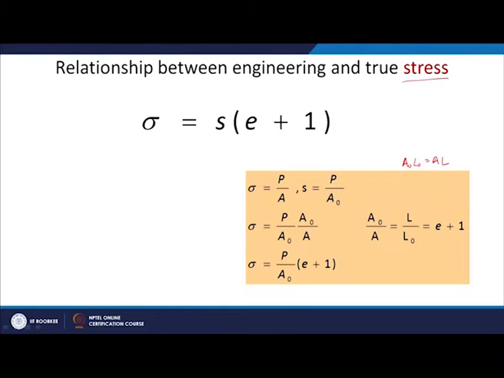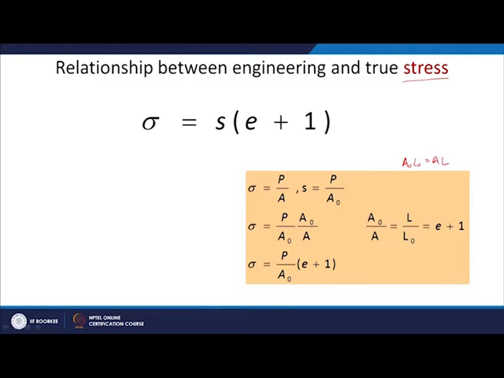So I can write it like this, and we already know that L by L naught is equal to E plus 1, which we did earlier in the engineering and true strain calculation. So I will be replacing A naught by A with E plus 1. My P by A naught is equal to the engineering stress.